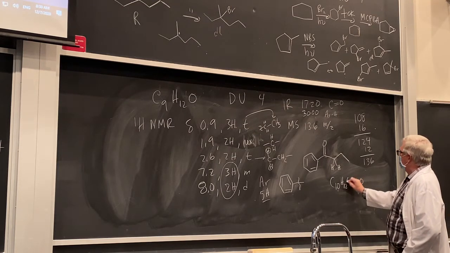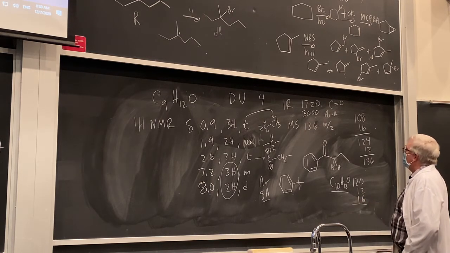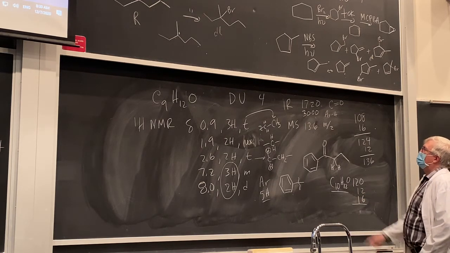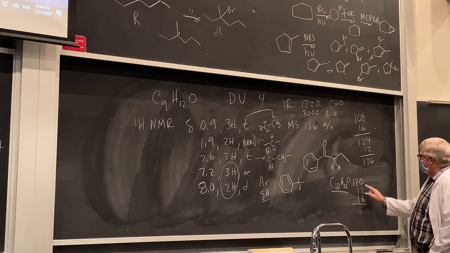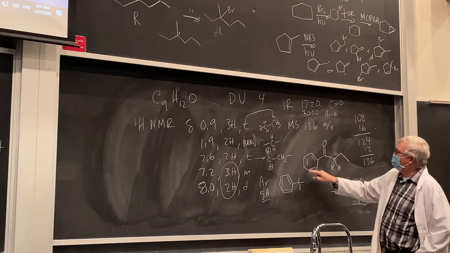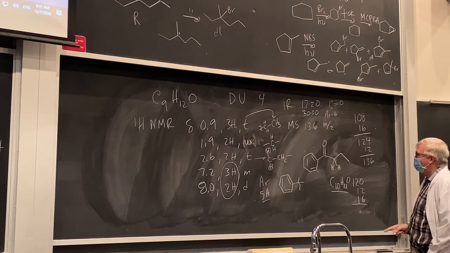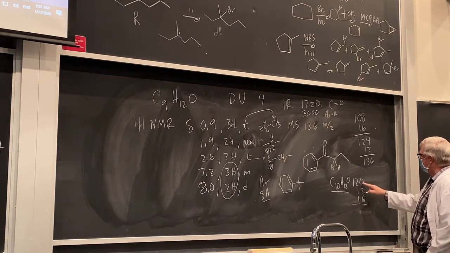And then O. So what's that? That's not 136, is it? Am I off here on something? Is this correct here? 1, 2, 3, 4, 5, 6, 7, 8, 9, 10, 11, 12. Hydrogens are right. And the signals are right, but I think the mass spec is wrong.